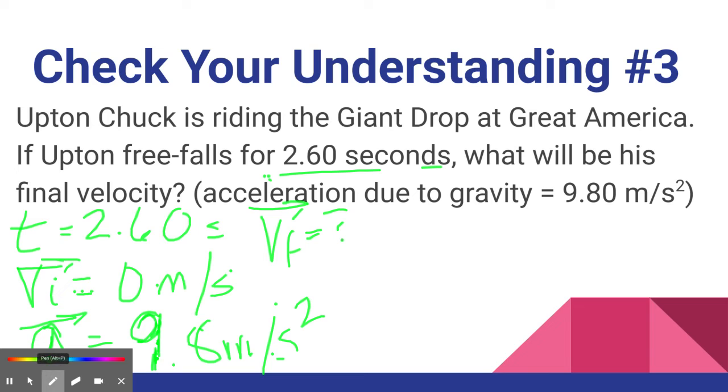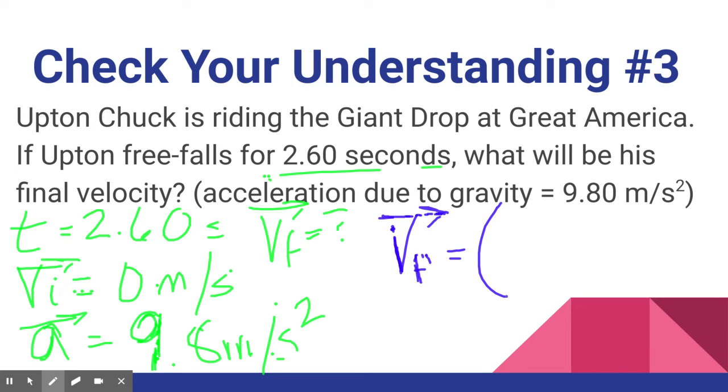I'm going to look at my notes, and to find final velocity I need to use the final velocity equation, which is acceleration multiplied by time plus the initial velocity.